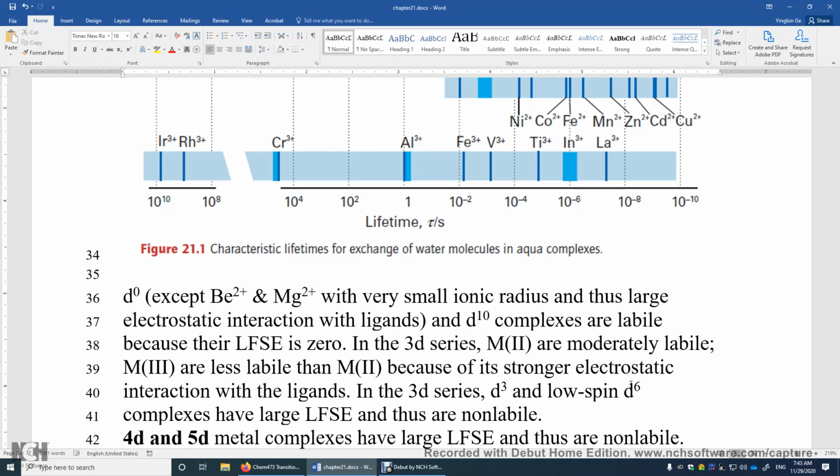So in the low spin d6 complexes, the true ligand field stabilization energy is actually -2.4 delta O plus 3p. So you do need to know the values of delta O and the value of p to estimate the LFSE more accurately for the low spin d6 situation. d3 is easy. Again, d3 is easy. There's no electron pairing energy.